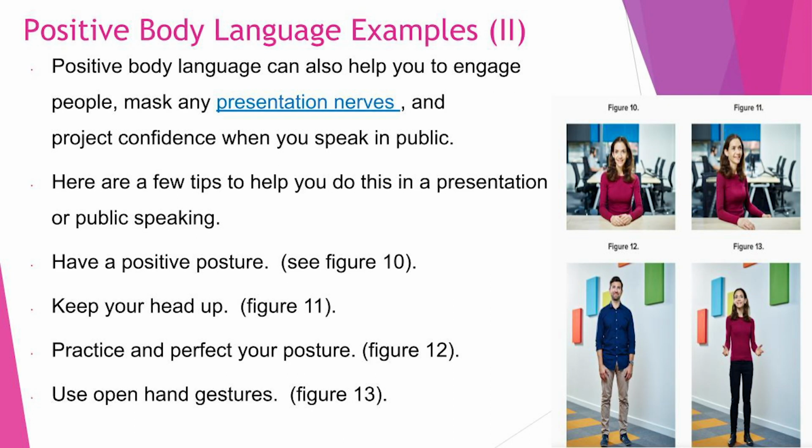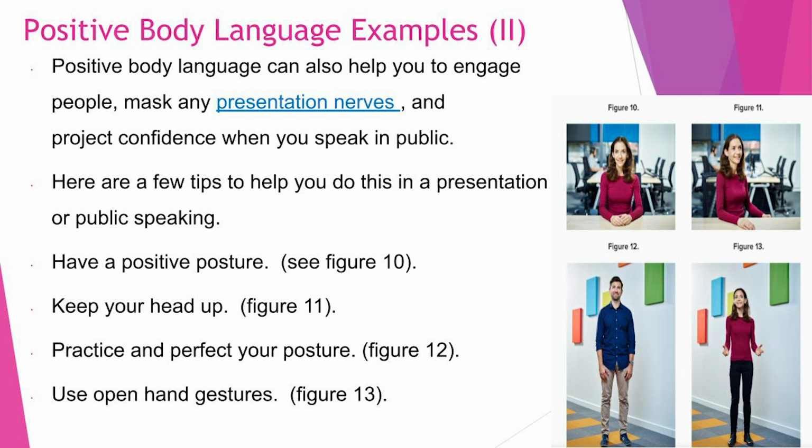Now, let us see positive language examples part 2. Positive body language can also help you to engage people, mask any presentation nerves, and project confidence when you speak in public. Here are a few tips to help you do this in a presentation or public speaking. First, have a positive posture.